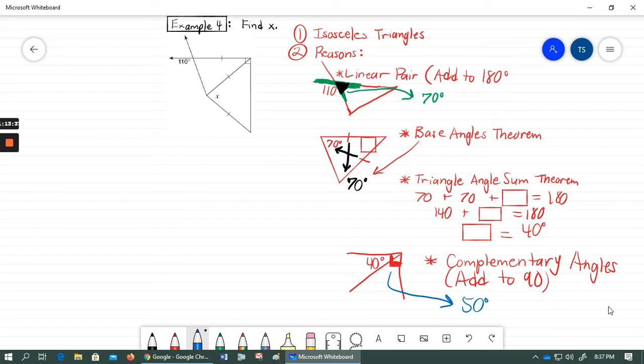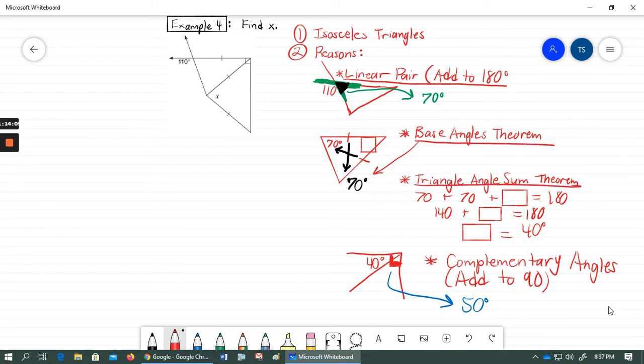Now that we got that this angle is 50 degrees, we can use that to help us find out some more information. Y'all see how this is going? We're using what we know to find out more information. And that's what we be doing. Let me underline these.